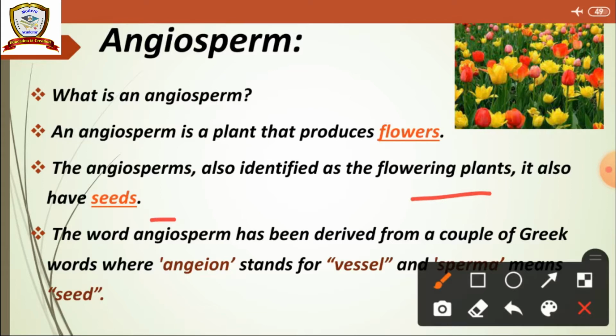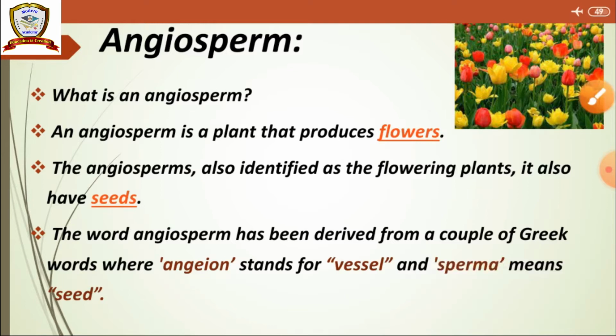The word angiosperm is derived from two Greek words, where angion stands for vessel and sperma means seed. So the seed is present in a vessel.